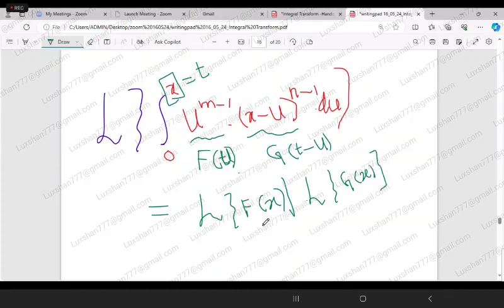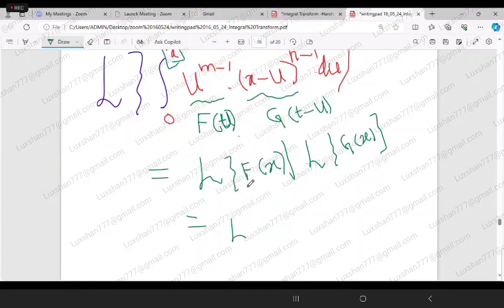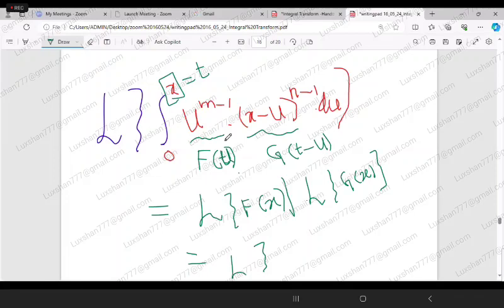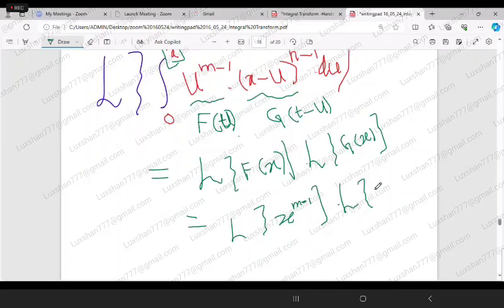So f(x) means the Laplace transform of x to the power m minus 1, and g(t minus u) is x minus u, therefore g(x) is x to the power n minus 1.